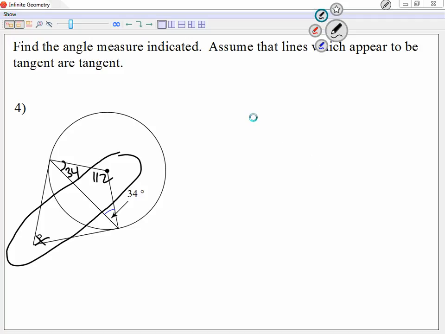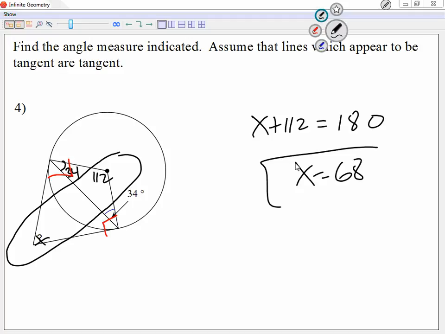So what that means is that x plus 112 is 180. Remember, I'm calling it a kite, and do remember that this whole corner is 90. Part of it is 34, but the whole corner is 90. So if x plus 112 equals 180, what's x? 68.